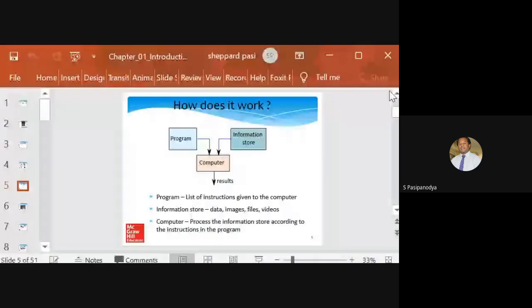So you realize that with this information store and the program, both are required by the computer in order for it to produce results. So the computer, in essence, then is a logically organized unit that processes an information store according to the instructions that it has been given, and then gives you a result.